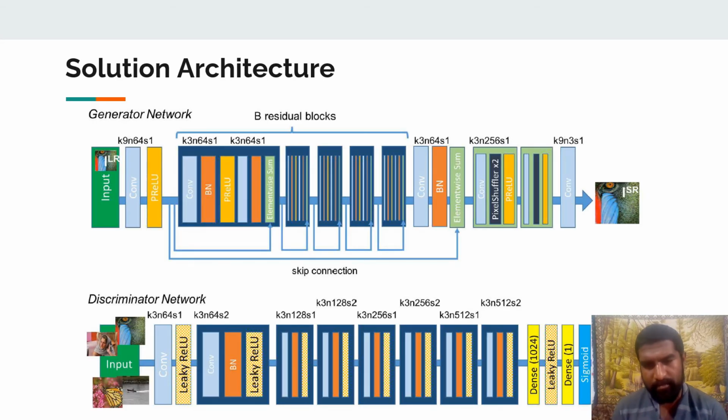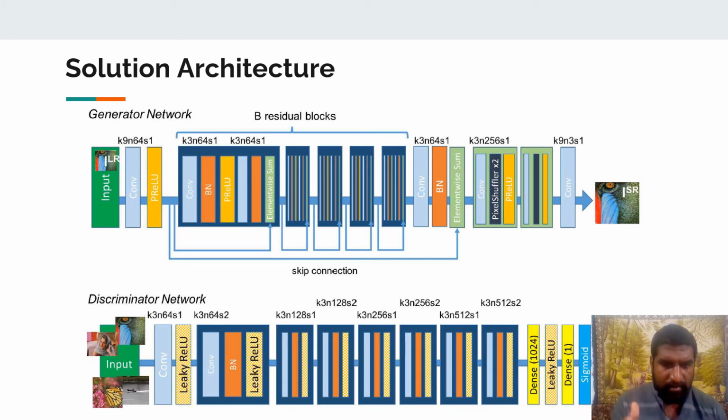When it comes to the solution architecture for the generative network, they have used a relatively deep neural network, which comprises B residual blocks, bypassed by a skip connection. And for the image upscaling in the final section, as you can see, they have used sub-pixel convolution.